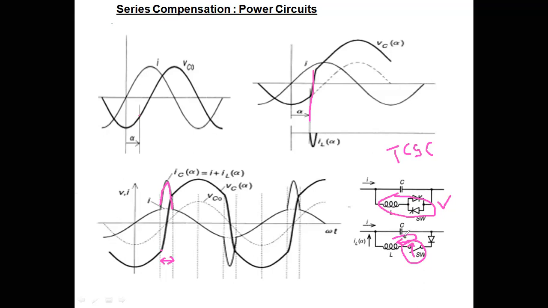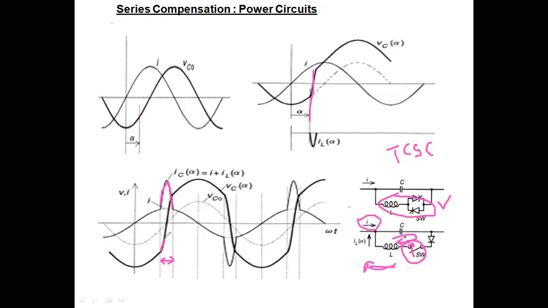In this case, the voltage across the capacitor will be reversed, and you will have constant line current, along with the inductor current in this path in the tank circuit, which makes the capacitor voltage go in the reverse direction.